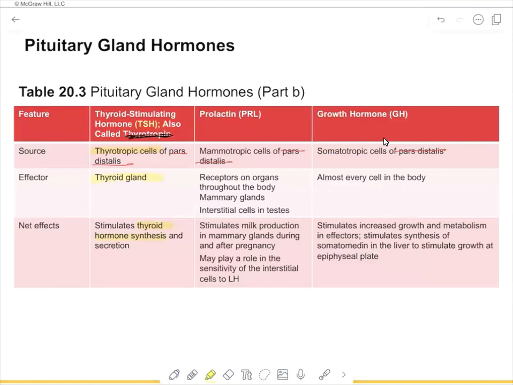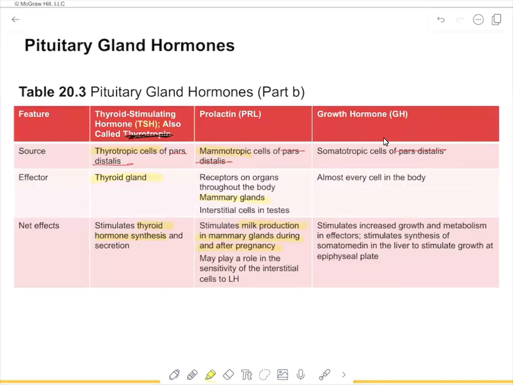Prolactin is going to be released as well from specific cells called mammotropic cells in the anterior pituitary gland. And it binds to organs throughout the body, like the mammary glands, and it stimulates milk production in mammary glands during and after production.